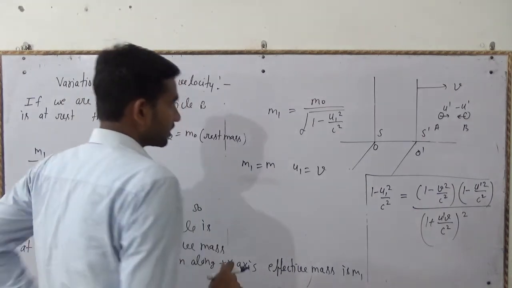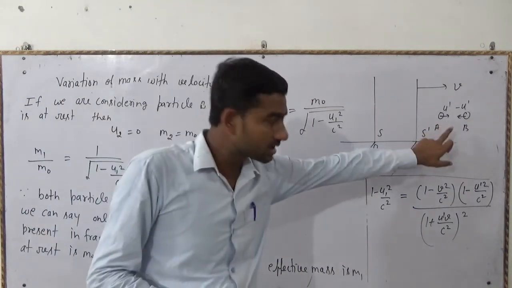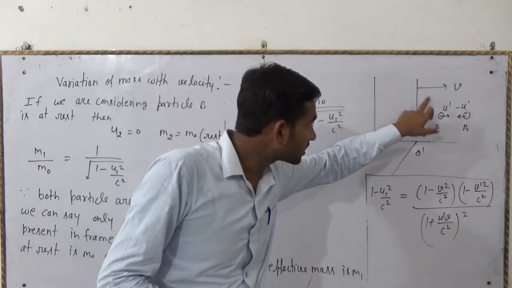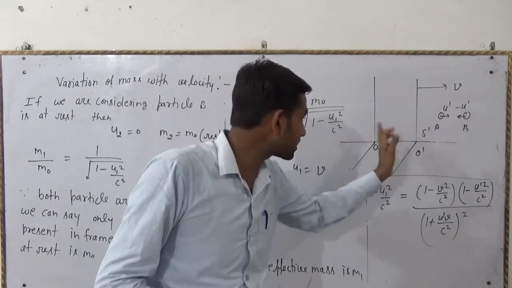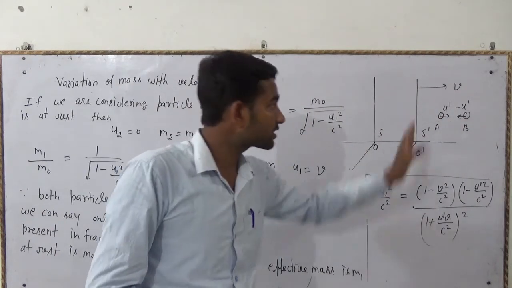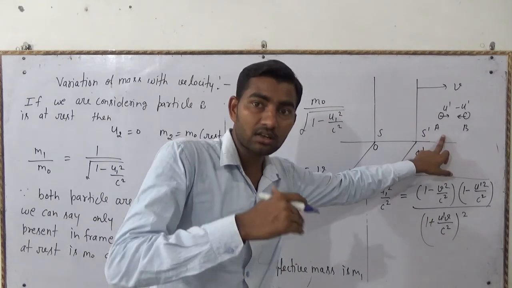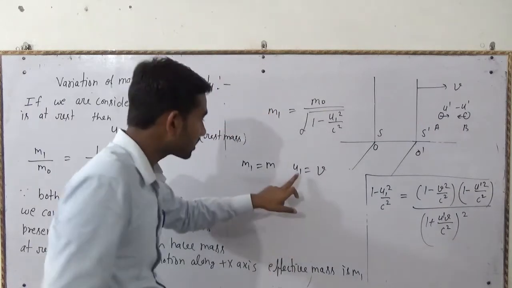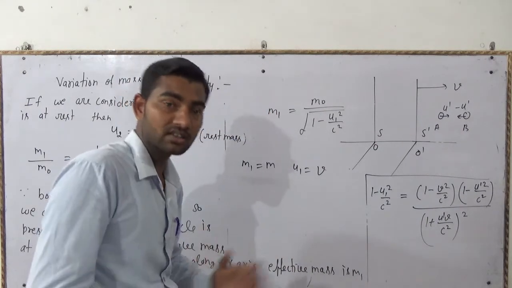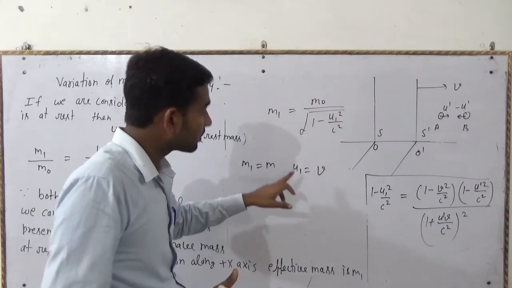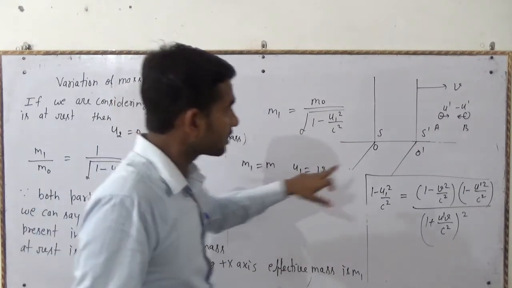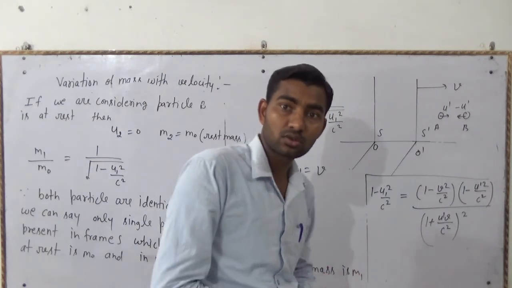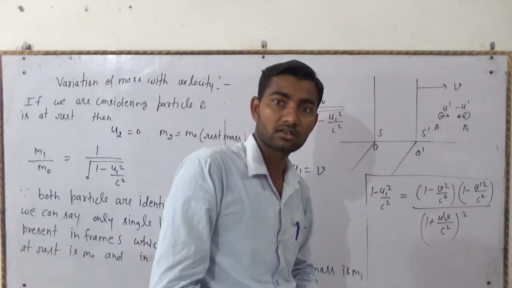So if this particle is at rest, because this frame is moving relative to the other frame, this mass which we are assuming at rest is also moving. In what velocity will it be moving? The velocity with which this frame is moving, the mass is also moving with the same velocity.